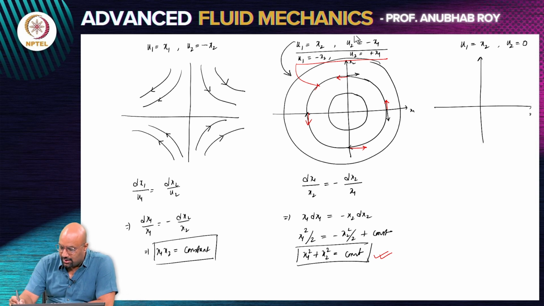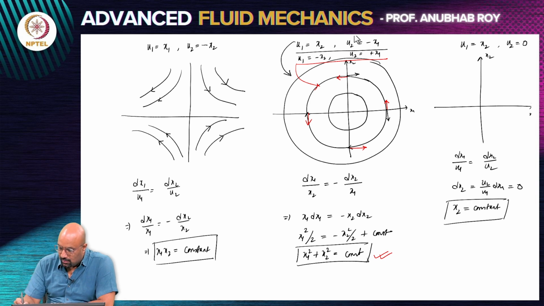So if I draw x1 and x2, now if you write down your equation dx1 by u1 is equal to dx2 by u2, you can see that dx2, which is u2 by u1 times dx1, is equal to 0, because your u2 is equal to 0, which means that x2 is equal to a constant is the equation for streamline.